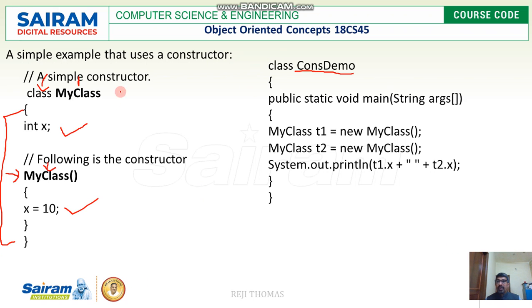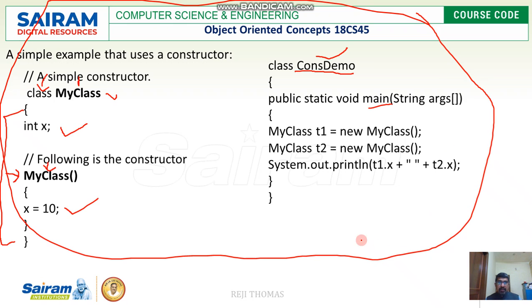One is MyClass, the other one is ConsDemo, and this is the class where it has got the main method. So obviously you have to find out which class has the main method. That class name should be the file name. So I should save it as Cons.java. This should be my file name.